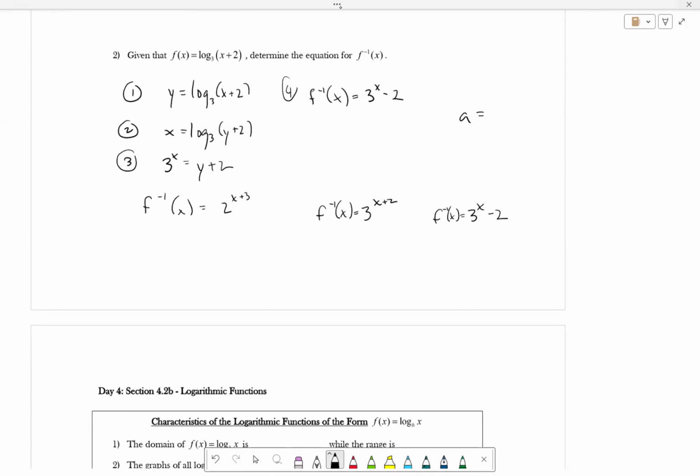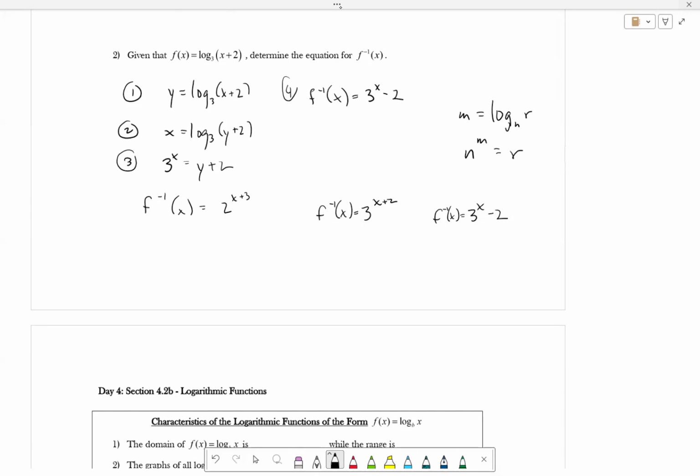Well, let's say m equals log base n of r. If I want to change that to exponential, I can. I know I'm going to keep the same base. It's going to be n to the m equals r. Right. That's it. So when I'm looking at number 2, I see, oh, my base is 3.